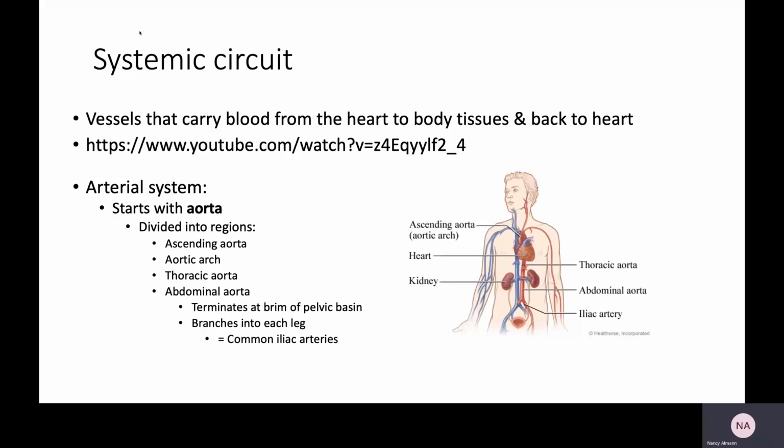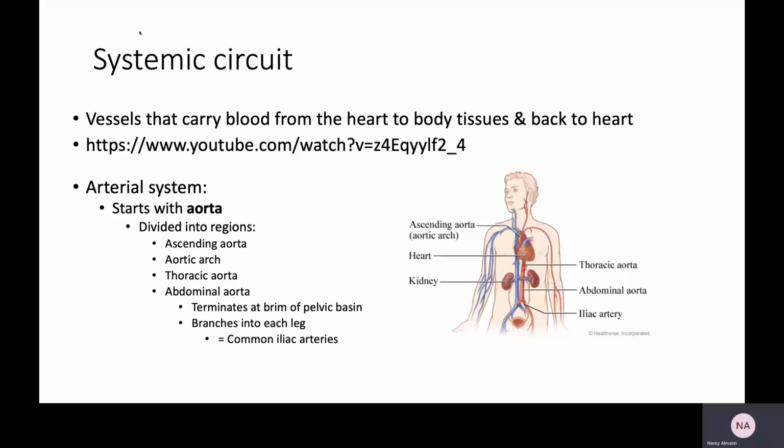Systemic circulation includes the vessels that are going to carry blood from the heart to the body and then route it back to the heart. The arterial system starts with the aorta, which is going to be divided into various regions. The short ascending aorta merges into the arch of the aorta, which transforms into the descending aorta.